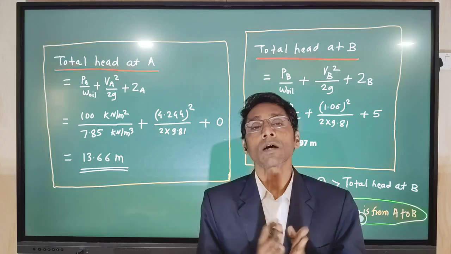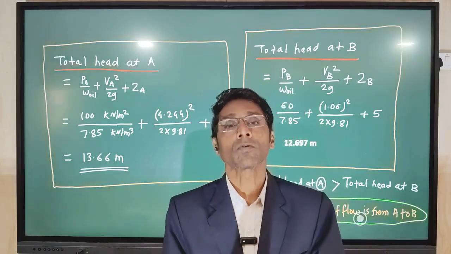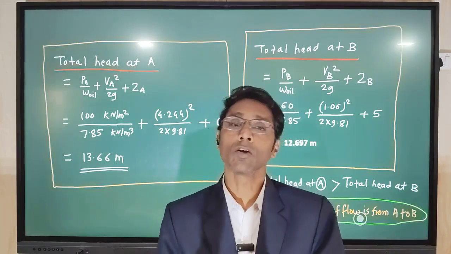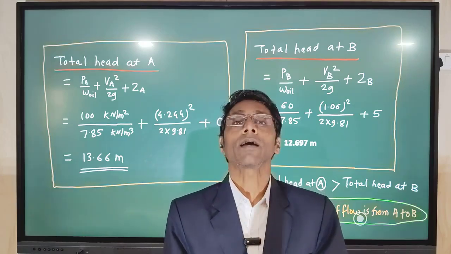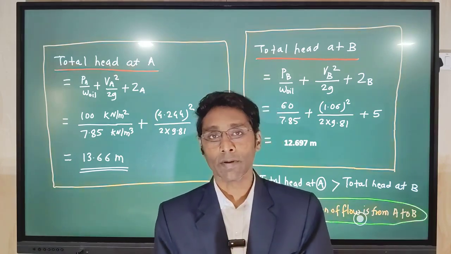So for that purpose, how to decide the direction? Direction means flow always occurs from higher value of total head to lower value of total head. So we have to find total head at both sections. So we write the formula in that way.